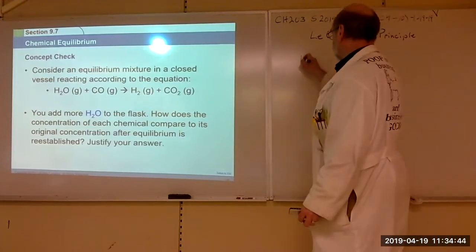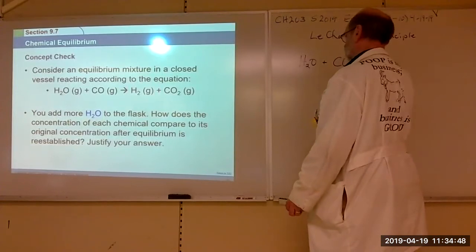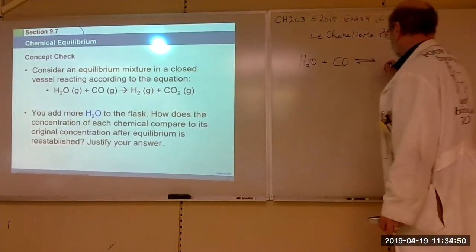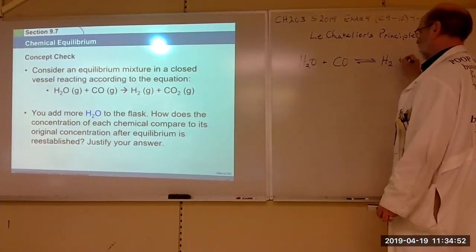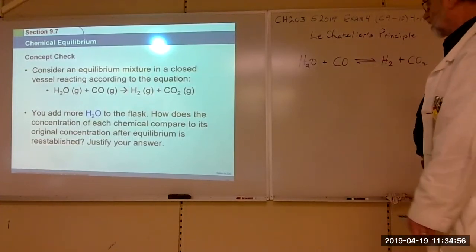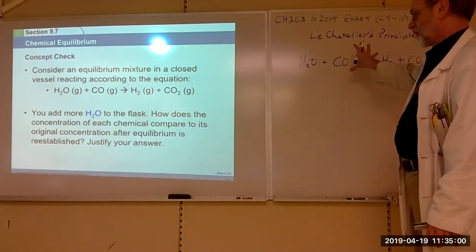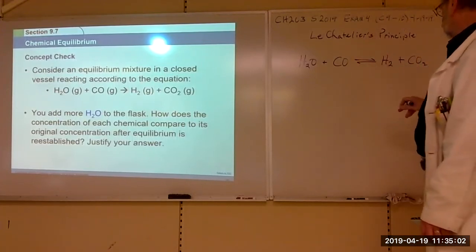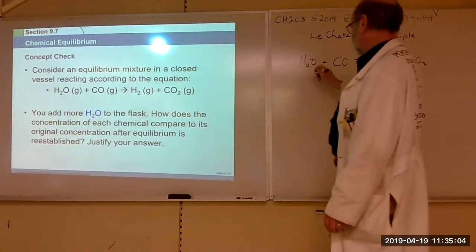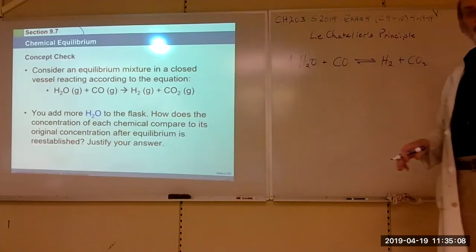Well, if we have this reaction producing hydrogen and carbon dioxide, I'll leave the gas part out. Once it reaches equilibrium, what if we add more water? Okay, we add more of this. What happens to the reaction?